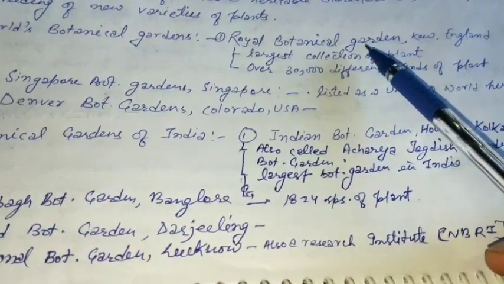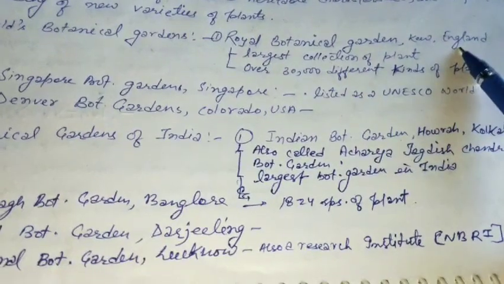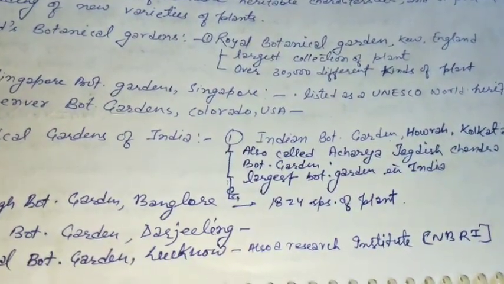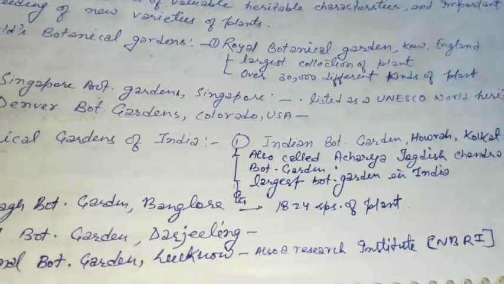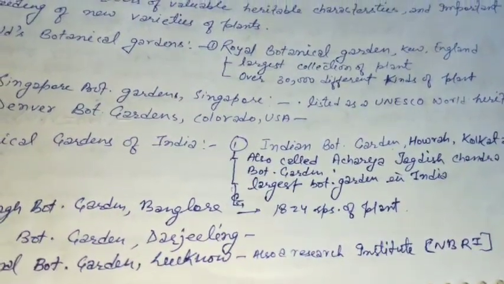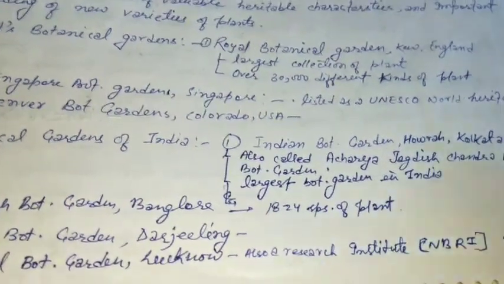It is located in Kew, England. This is the oldest and largest botanical garden of the world. It has over 30,000 different kinds of plant species.